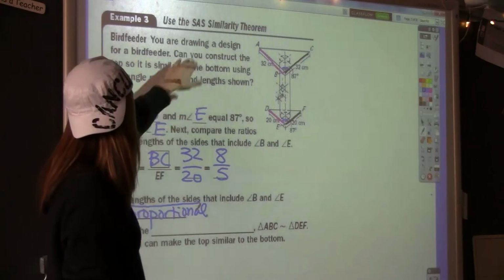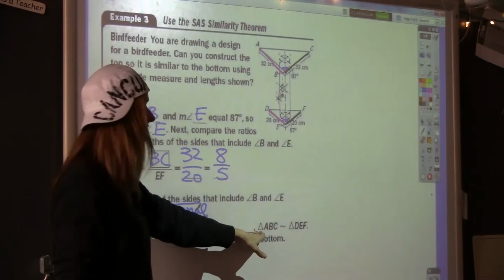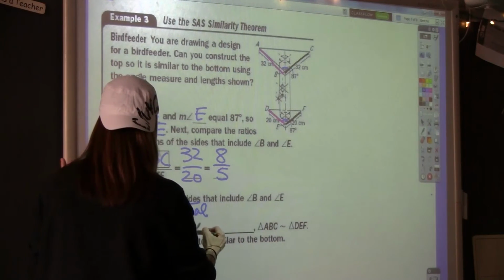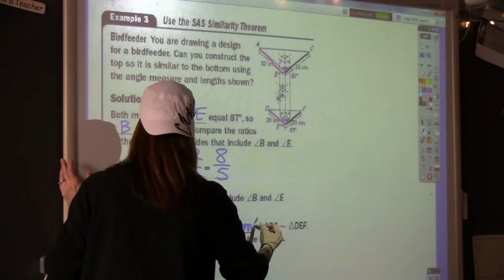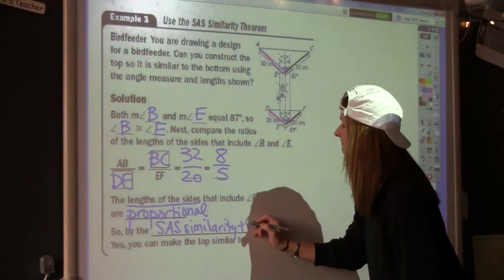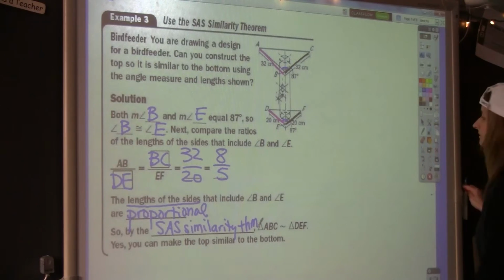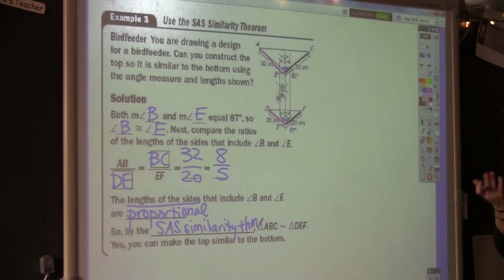So by the side angle side similarity theorem, triangle ABC is similar to triangle DEF. I really want you to write side angle side similarity theorem because we have a side angle side congruence postulate too. So just to be clear.